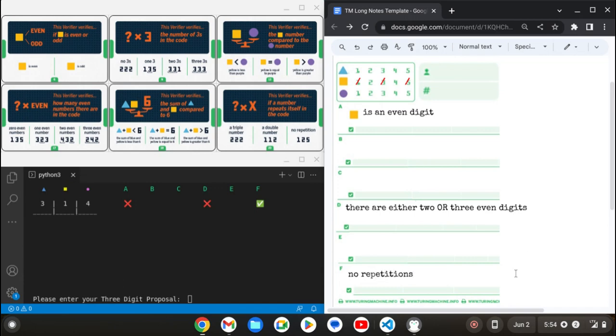So let's see, if there are no repetitions, if they're all unique, then that must mean that there has to be only 2 even digits. The only way I could have 3 even digits and have no repetitions is if I was allowed an additional distinct even, like say a 6 or an 8, but that does not exist.